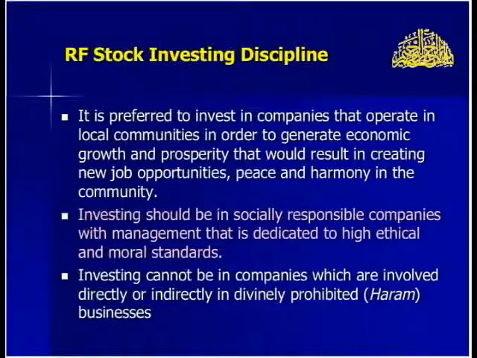So the most important guideline, which is missed by most of the so-called riba-free investment mutual funds, is number one, and that is, it is preferred to invest in companies that operate in local communities in order to generate economic growth and prosperity that will result in creating new job opportunities, peace and harmony in the community.